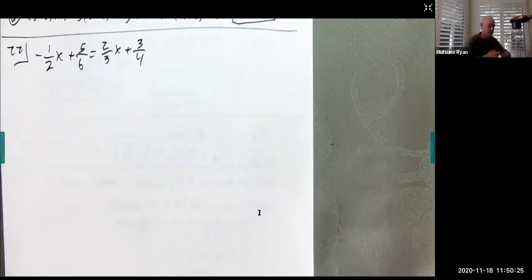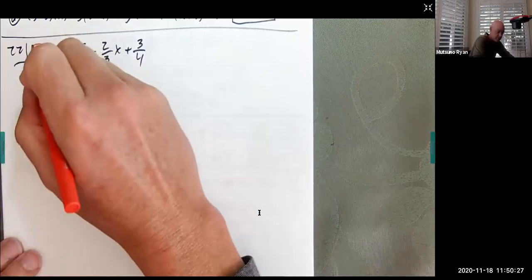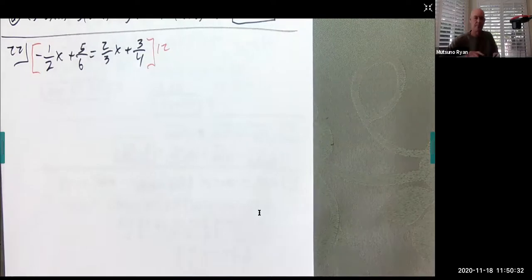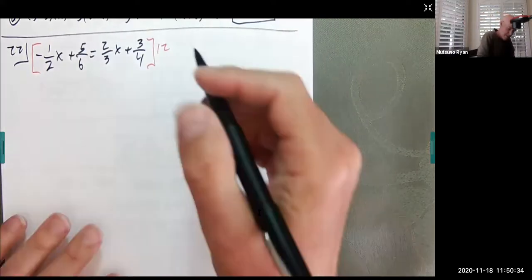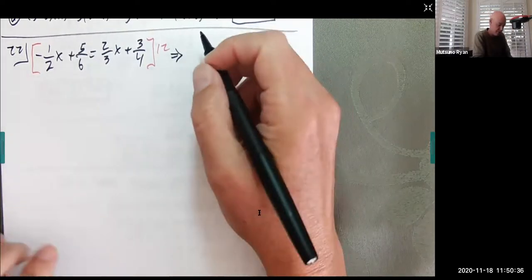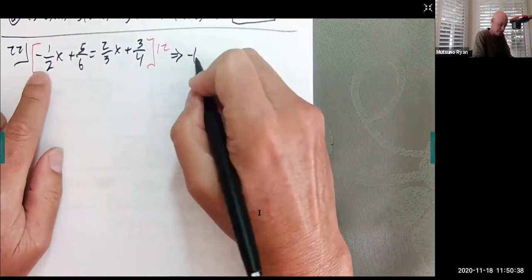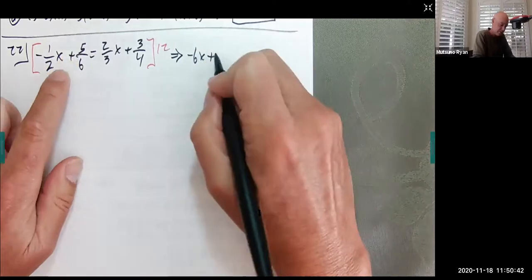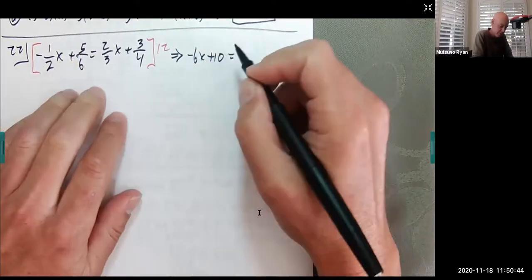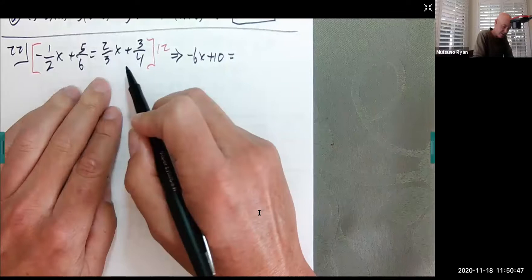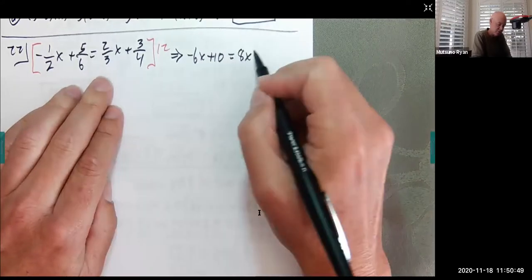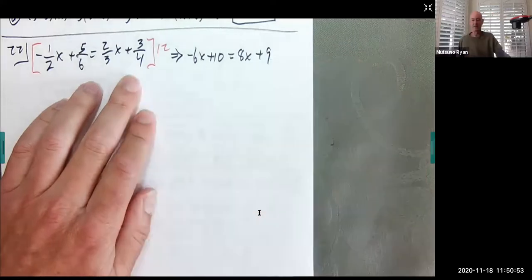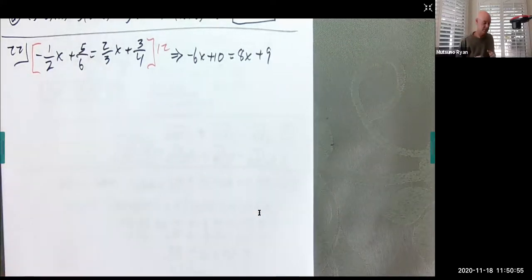So I'm going to multiply everything through by 12. 12 divided by 2 is 6, giving negative 6x. 12 divided by 6 is 2 times 5 is 10. 12 divided by 3 is 4, 4 times 2 is 8. 12 divided by 4 is 3, 3 times 3 is 9. And just like that, in one step, I can knock out all those fractions.